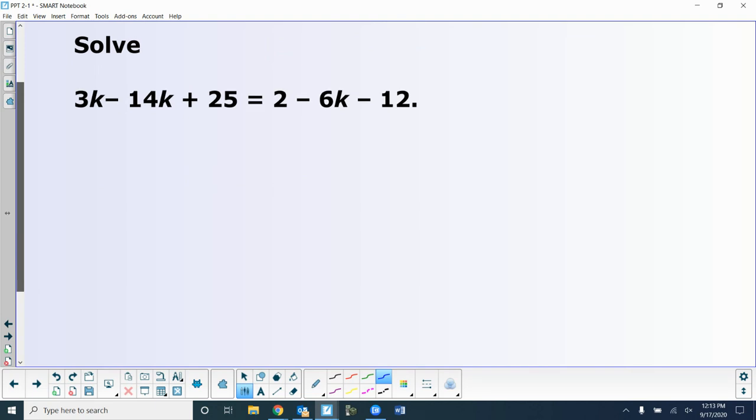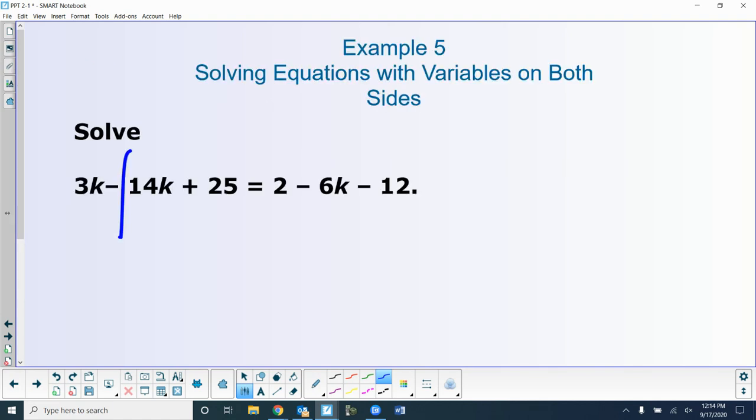Derek, what are you going to do first? Simplify. Yep. So would it be 3 plus negative 14? Yeah, which is what? Since they're like terms. Negative 11, okay? Yep.